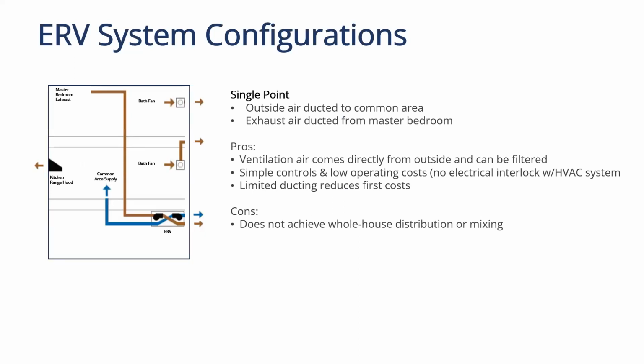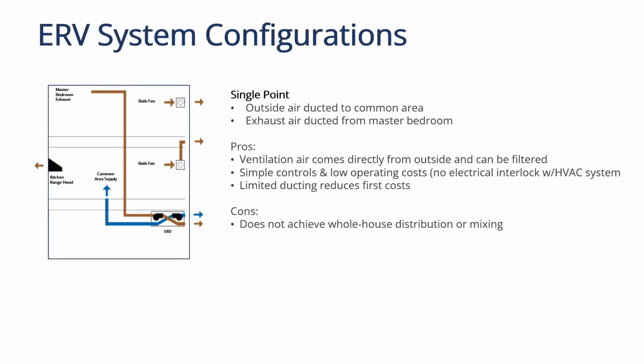So the first one here is your single point. Basically you're supplying the air from the ERV to a common place in the apartment. And then you are bringing back the exhaust air or the return air from a master bedroom or a place where the tenants are going to spend the majority of the time.